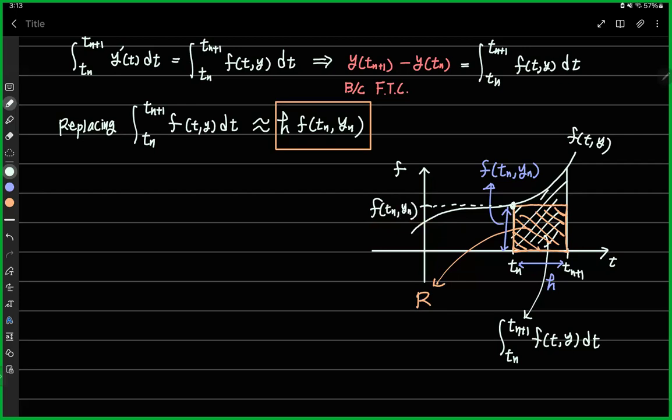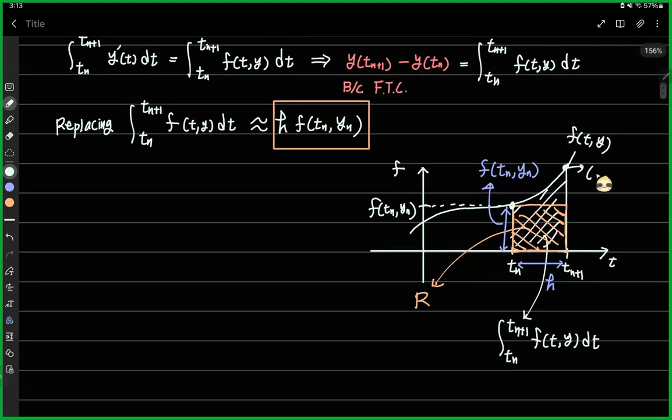And then right there, it's going to be f of t n plus one comma y sub n plus one. Oh, y sub n plus one. Yes. Okay, sorry.